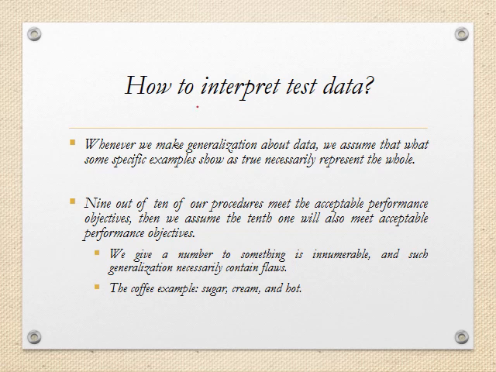Data interpretation. How to interpret the test data. Whenever we make a generalization about data, we assume that what some specific examples show is true and necessarily represents the whole, and that's not right.